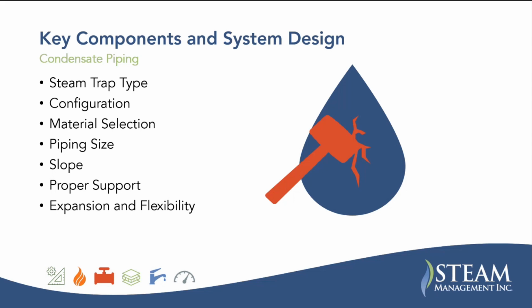Material selection, you're looking for materials and thicknesses that are suitable for the temperatures and pressures that that segment will be exposed to, also considering resistance to corrosion. Most common materials are carbon steel and stainless steel. Sometimes people will use copper. Not always appropriate, but you do see it sometimes. Piping size.